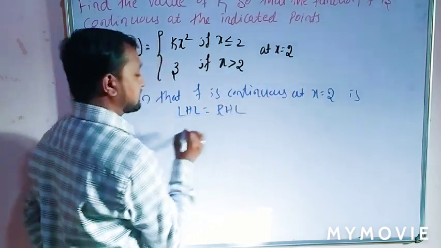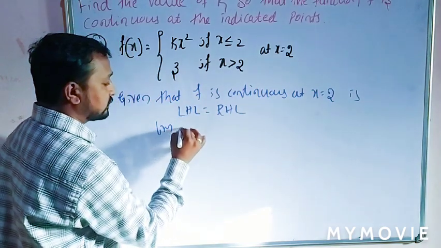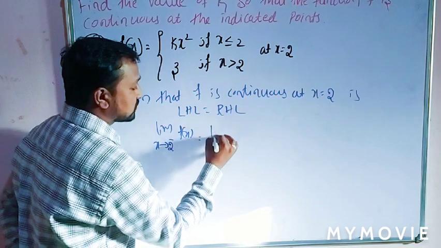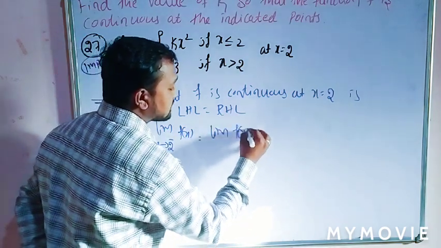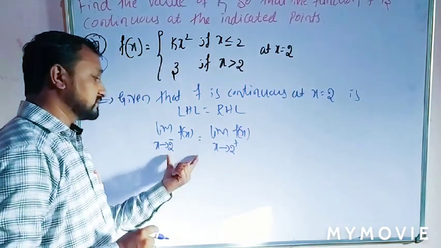LHL is limit of f of x as x tends to 2 minus, equal to limit of f of x as x tends to 2 plus. This is your LHL equal to RHL.